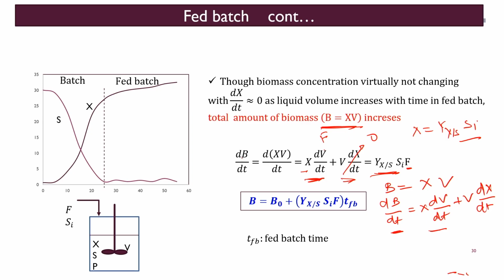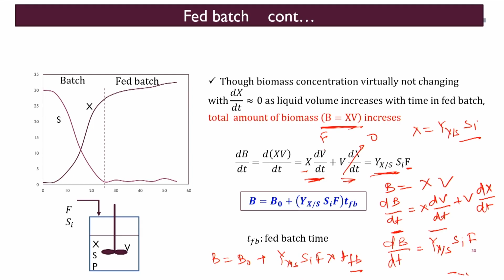So, we are getting dB/dt as Y(x/s) Si into F, and now if we integrate quickly, we will get B as B naught plus Y(x/s) Si F into t, and this t we will say t fed batch. In this way we can calculate at a given time interval what is the total biomass in a bioreactor.